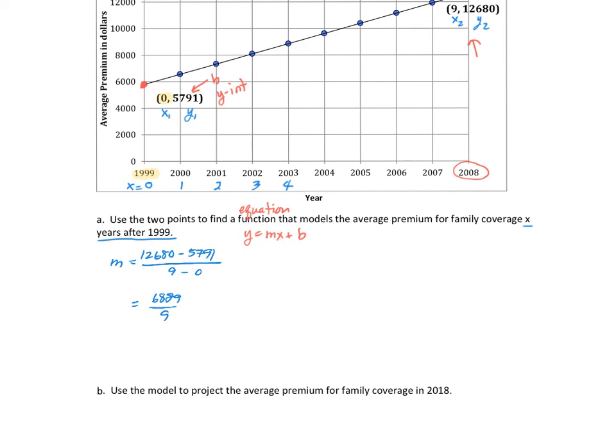And it doesn't tell me what to round to since the values were all given to me in nice whole numbers. I'm going to put this in my calculator, and if there's a decimal, I'm just going to round it to the nearest whole number. So 6889 divided by 9 gives me 765.444. So it rounds to about 765.